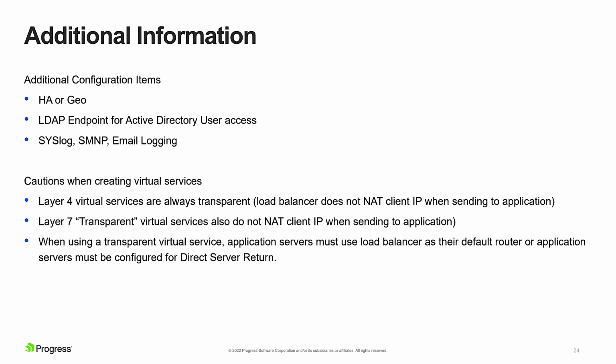There is another way to load balance, and that's called transparent load balancing. In transparent load balancing, the user's IP address is not changed. It is simply forwarded through to the backend application server. The application server will now get an IP address that it does not have a connection to.